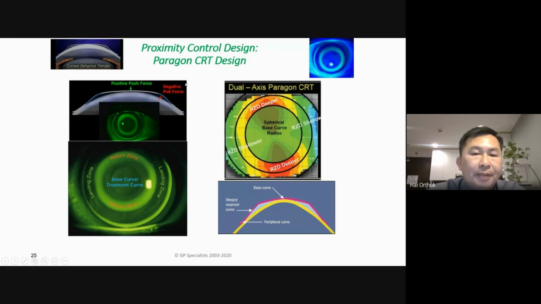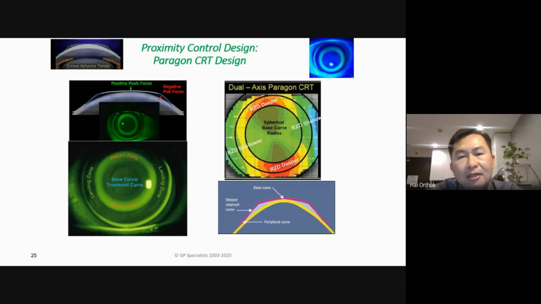And with Paragon CRT, it was able to provide a very thick and nice reverse zone, which provides a very good negative 4 in order to treat low myopia, 6 diopters or lower, with a very nice and light force. So Paragon CRT takes a little bit longer to bring the patient to plano, but it's very safe and very comfortable.